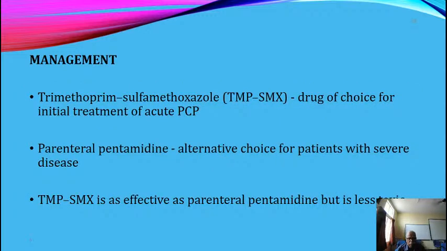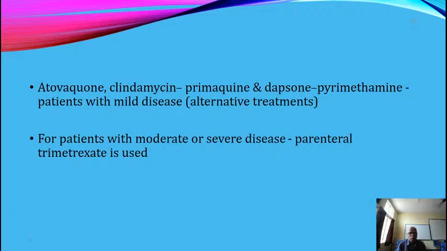Then management is very simple. The cheapest drug is trimethoprim-sulfamethoxazole, and if that is not available or not acting, you can start giving pentamidine. But pentamidine is less effective when compared to TMP-SMX.